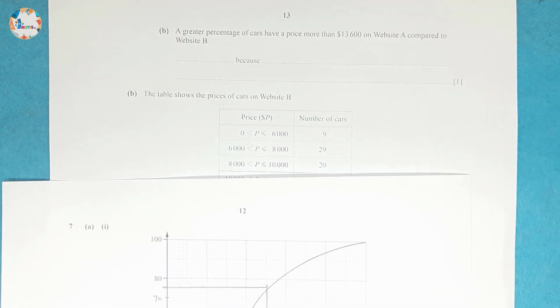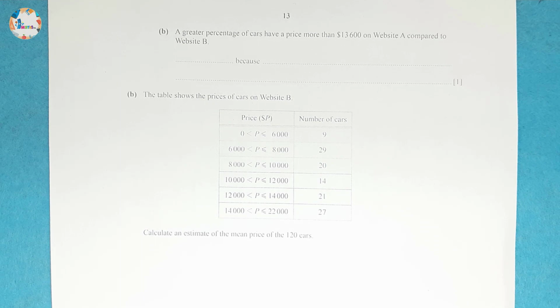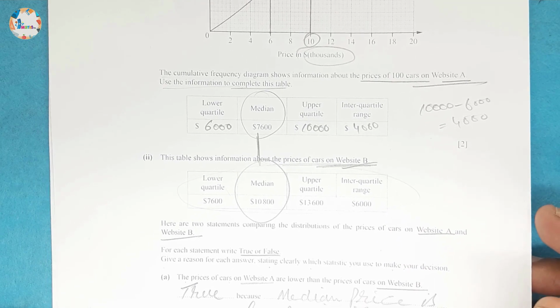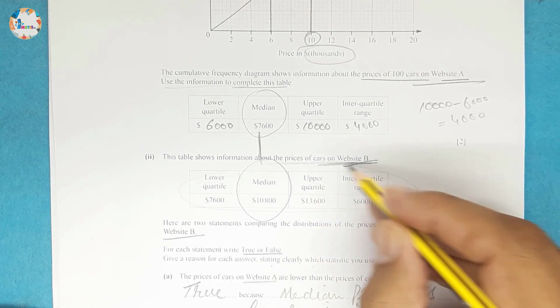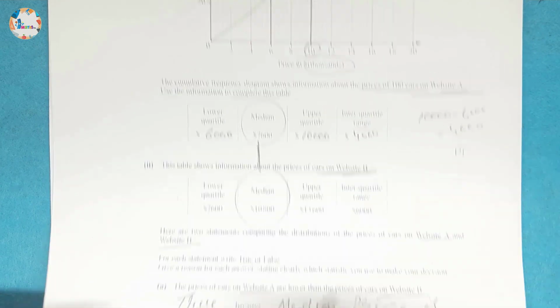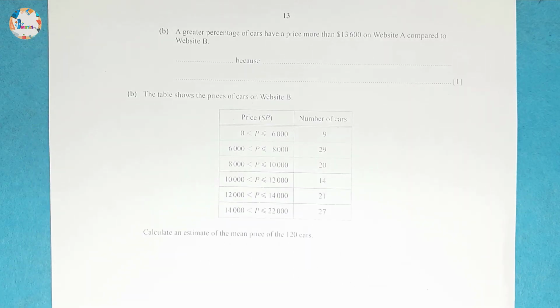Reason we have provided. Now part B. In part B they are saying a greater percentage of cars have a price more than 13,600 on website A compared to website B. So if we check, more are having this much price and fewer are having this one. So we have to give the reason whether it is correct or wrong.